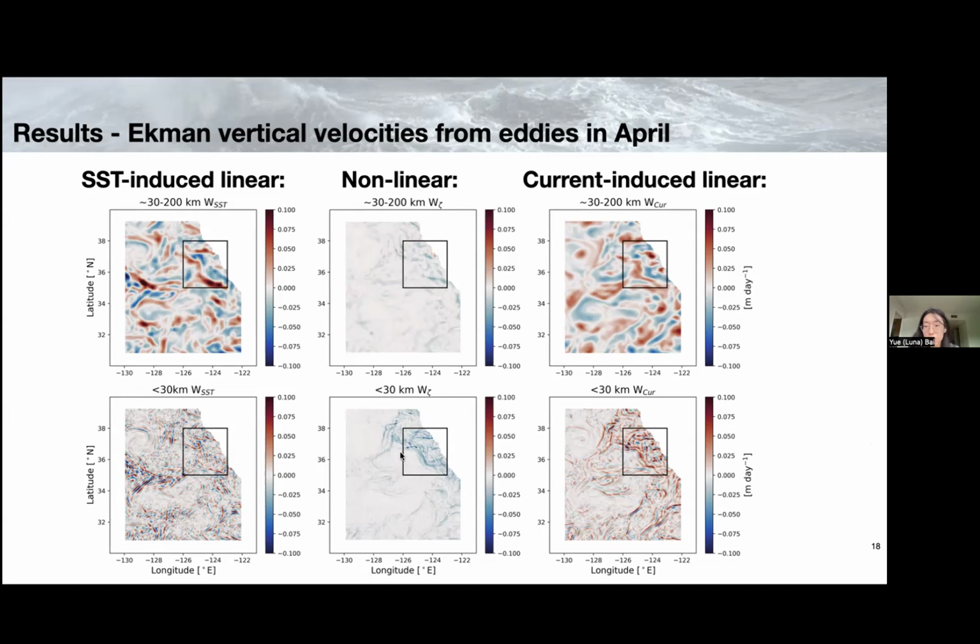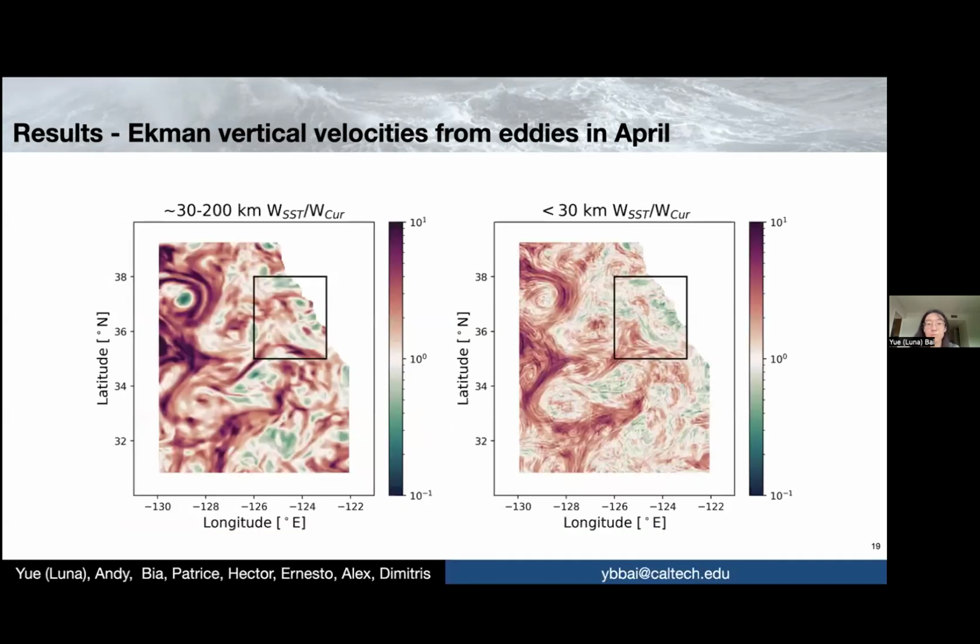And the nonlinear Ekman vertical velocity is a lot stronger at sub-mesoscale. So even though it's pretty small at mesoscale, at sub-mesoscale it becomes comparable with the other two linear components, and is no longer a less dominant contribution.